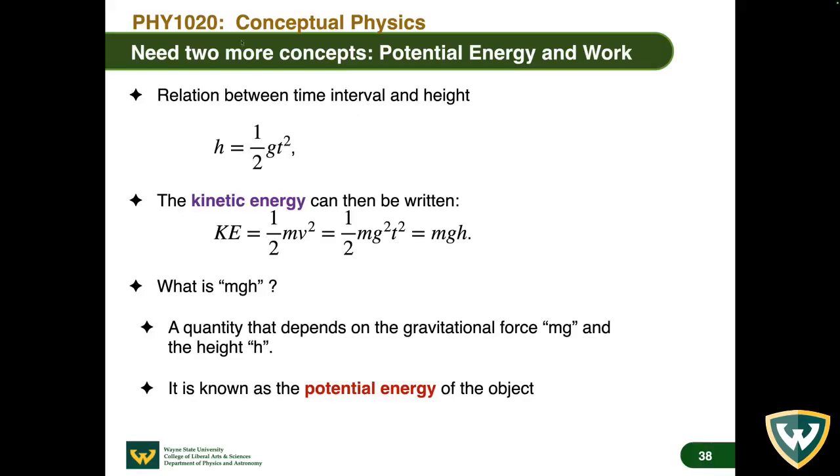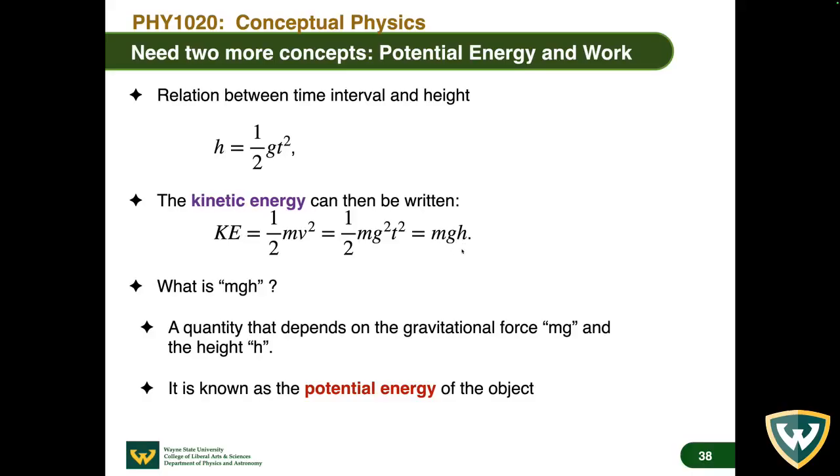So I can substitute the value of t squared here by twice h over g, and the 1/2 will cancel the 2, and I will be left with mgh. So the kinetic energy of a ball falling from a height h is equal to mgh.